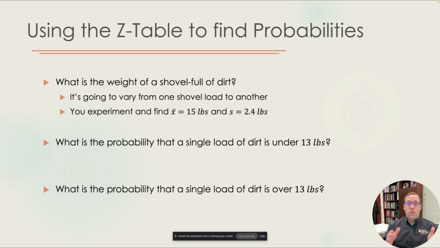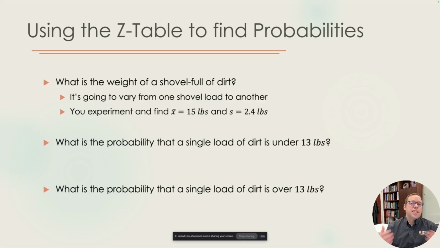Okay, now let me teach this to you using a particular problem. What is the weight of a shovelful of dirt? It's going to vary from one shovel load to another. It's never going to be consistently the same, but we experiment and find that on average, the weight of a single shovelful of dirt is 15 pounds with a standard deviation of 2.4.